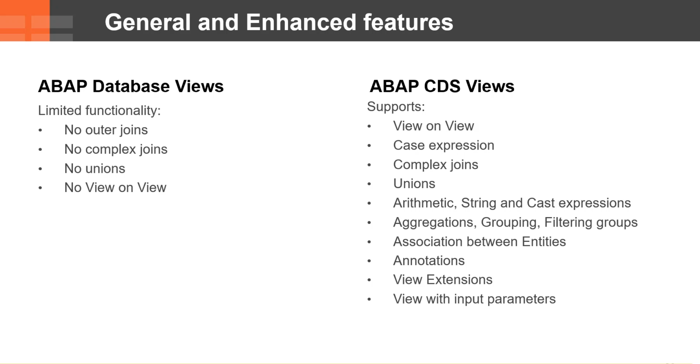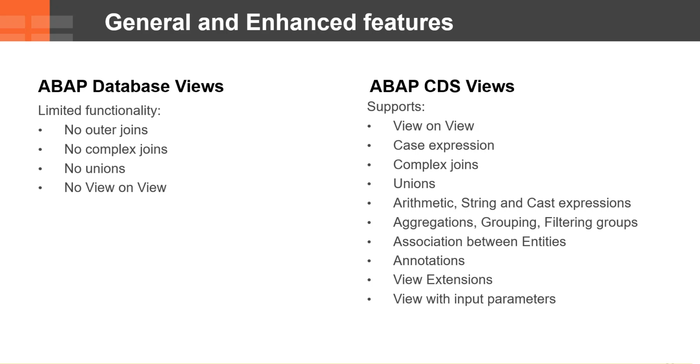And these are the enhanced features in ABAP CDS views. A view can be extended as well. When you have a view and you want to extend it with 3 or 4 columns, then we can do view extensions as well. Views with input parameters are also supported here. That means a view can have input parameters, so when you input values you can get the result as well with CDS views.